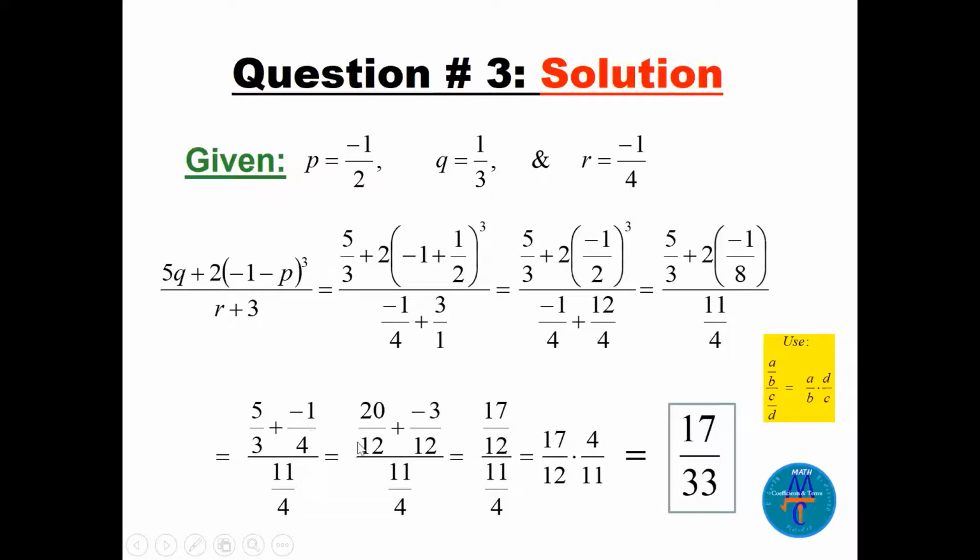Multiply this one by 3 and 3. So you get 20 minus 3, 17 over 12. And this is 11 over 4 because the LCD here is only 4. Now 17 over 12, this is division, remember, divided by 4 over 11. Cancel 4 and 4, 3, 17 over 33. You can decide if this question is difficult, lengthy, easy, or medium. Let's see another one.